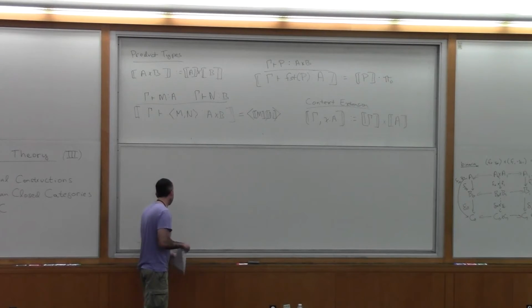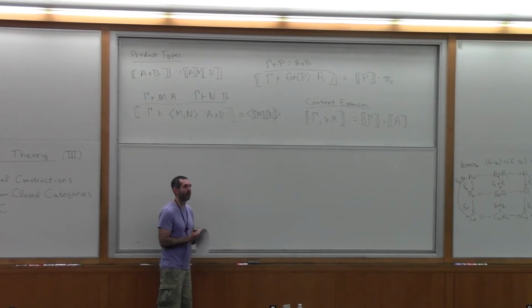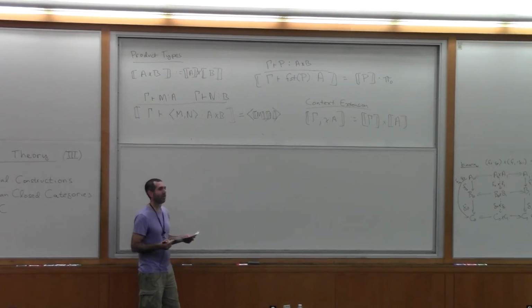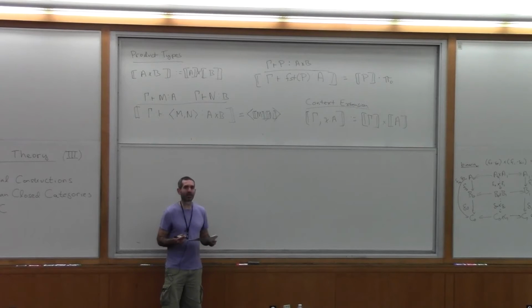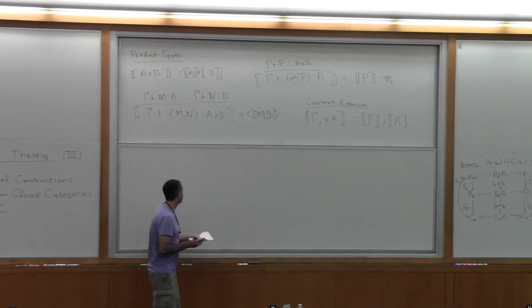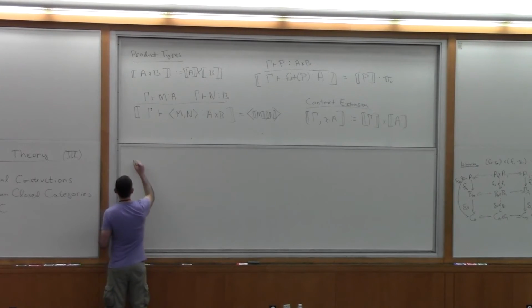Any composable configuration of arrows has a composite arrow. And so if we want to apply the same principle to products, maybe we don't just want a terminal object and a binary product, but we want n-ary products for any natural number. So let's think about what that would be.